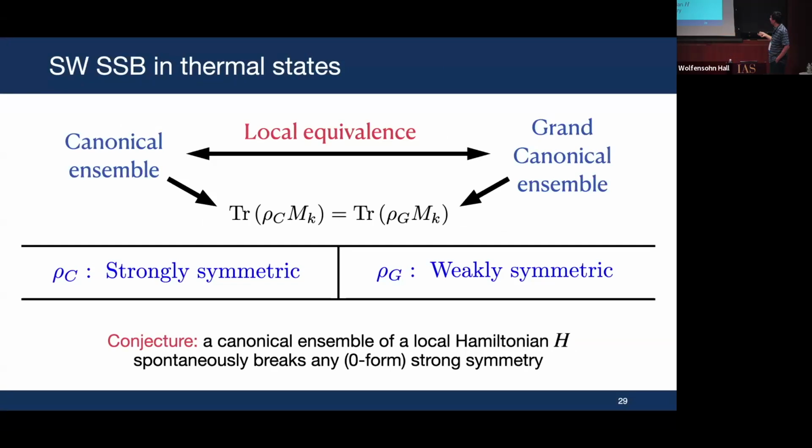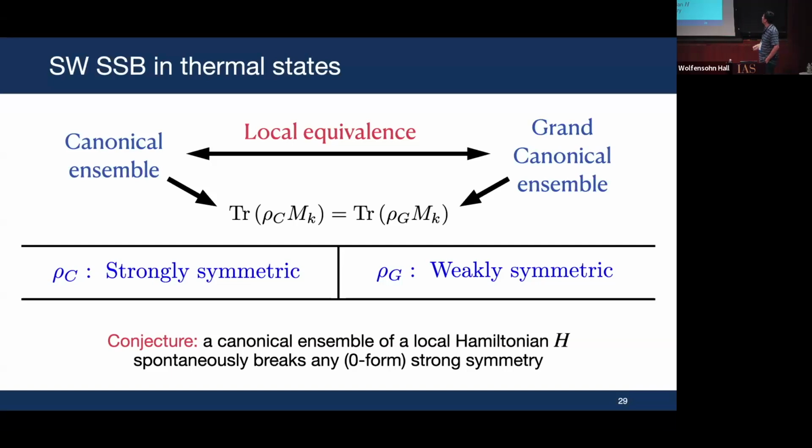So let's now consider an example of strong to weak symmetry breaking in a thermal state. I might need to speed up a little bit. We talk about the canonical ensemble and grand canonical ensemble as examples of density matrices with strong and weak symmetries. But we also know from statistical mechanics that when it comes to thermodynamics, or whatever local properties you want to compute, it shouldn't make any difference whether you use canonical or grand canonical ensembles.